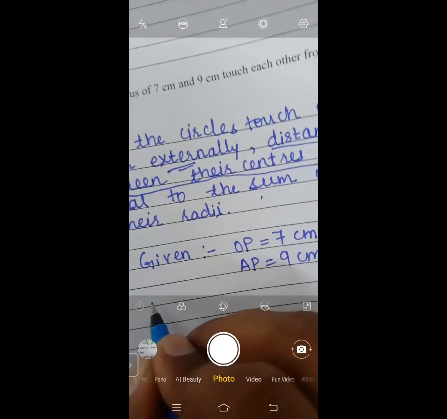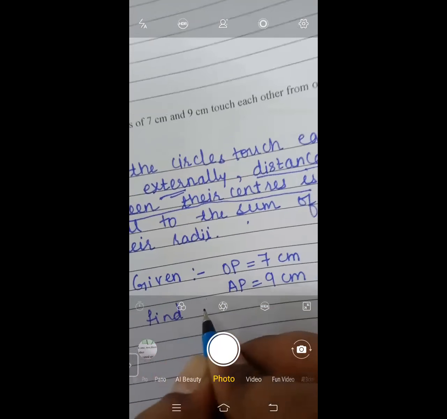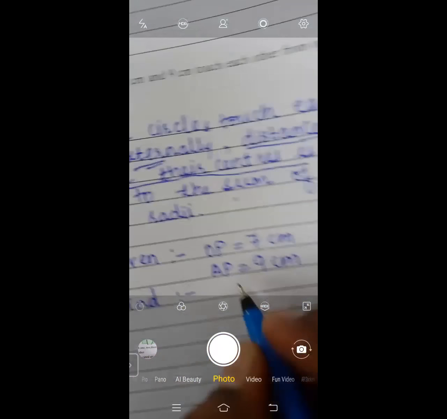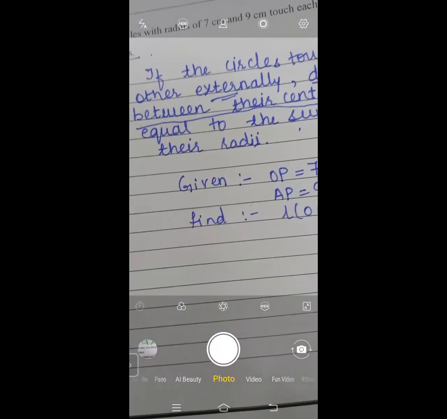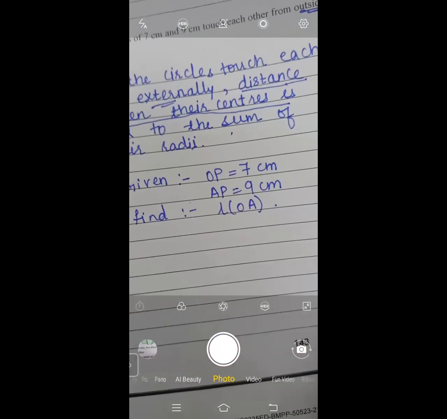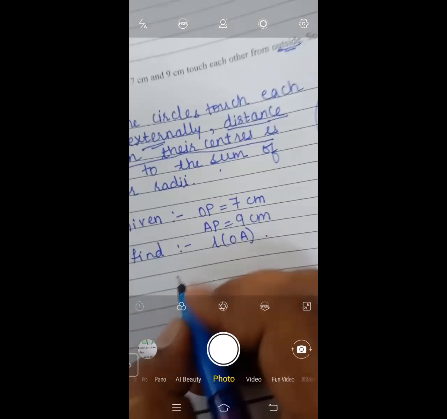What I have to find? I have to find the length of OA. So can I write like this?